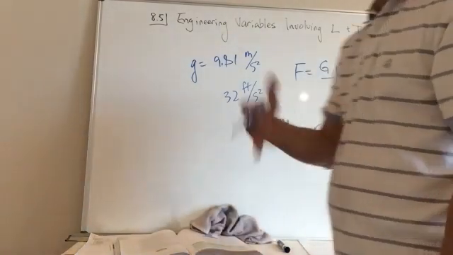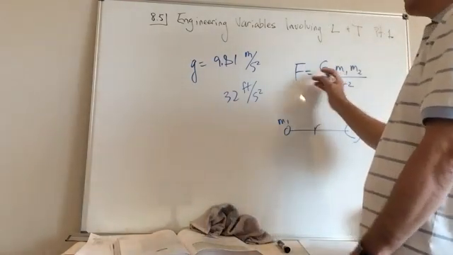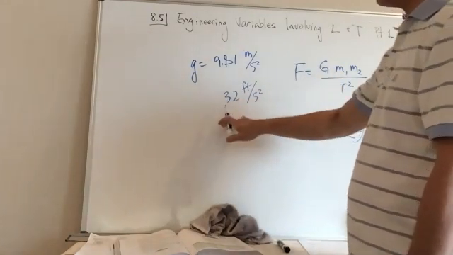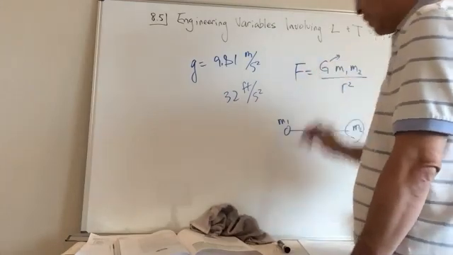One common mistake that you make here is that you say, oh, G is this. Well, this G is not this, and that's why it's written as a capital G. This G is different.